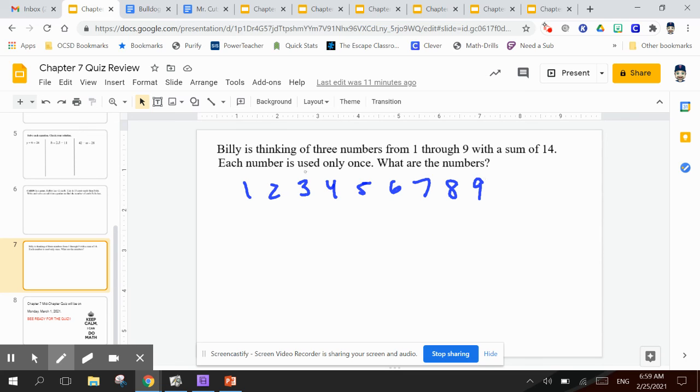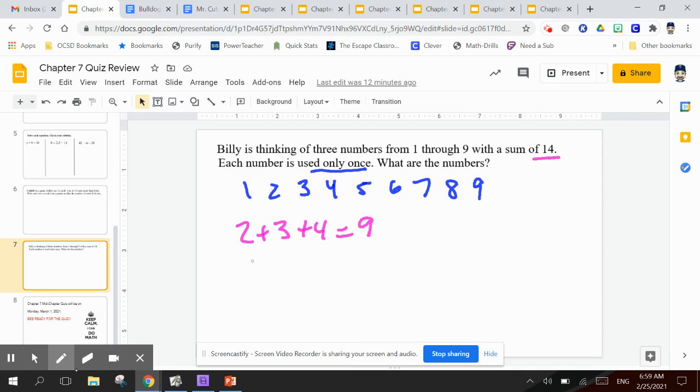And I can only use each number once. So let's try some numbers. Let's try 2 plus 3 plus 4. Well, 2 plus 3 is 5, and 5 plus 4 is 9. Does 9 equal 14? No. So that one doesn't work.